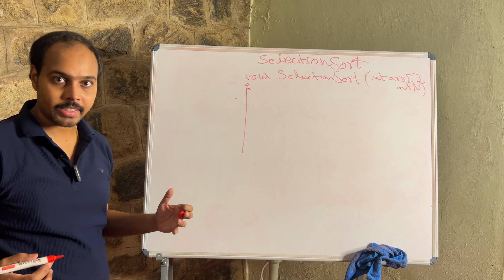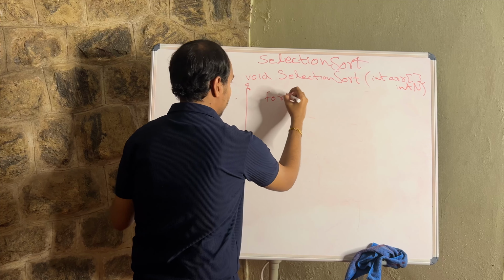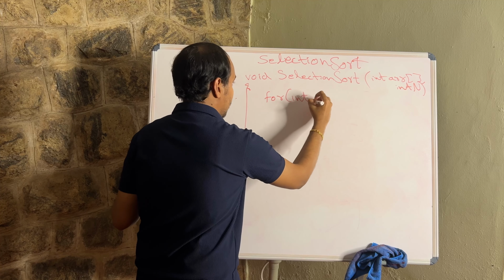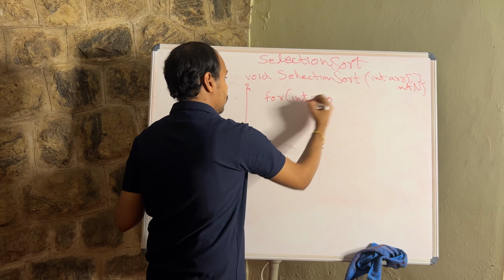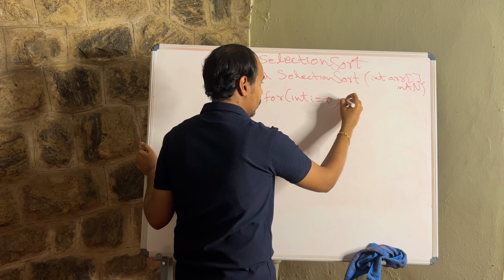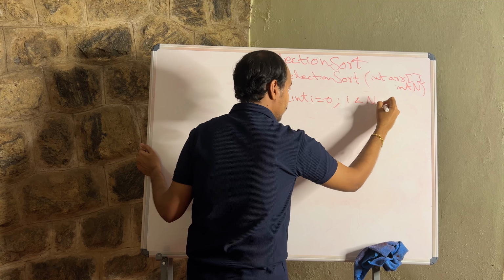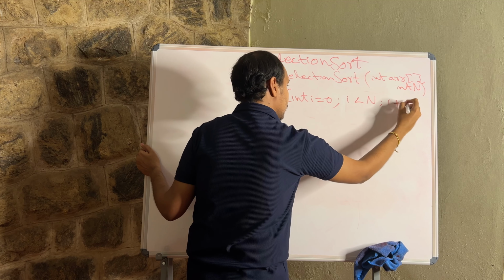Now, let's start implementing the algorithm. For int i equal to 0, we start from the first position and go till the last position, i less than n, i plus plus.